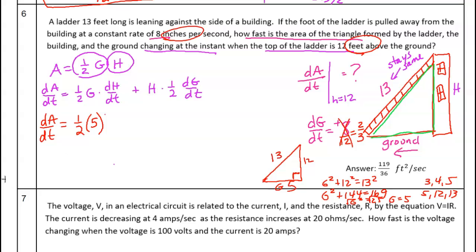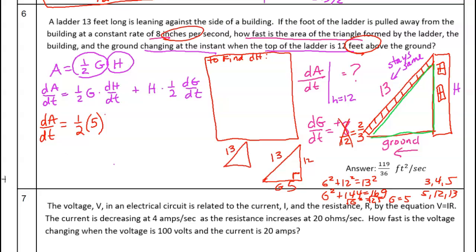dH/dt, well, how fast is my height changing? We don't know. So that's another piece of information we need to find. So we want to find dH. So what we need to do is set up another relationship. Well, it's another triangle.